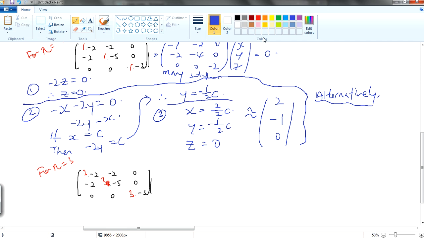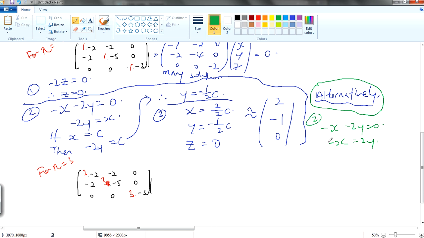Okay, let's use another color alternatively. Okay, alternatively, minus x minus 2y is equals to 0. And then if, let's say, minus x is equals to 2y, well, you should get the same answer.